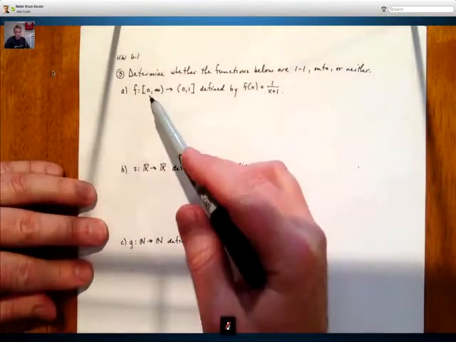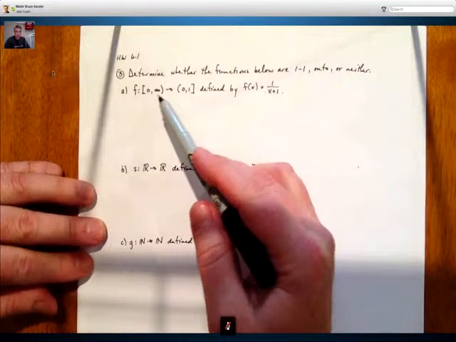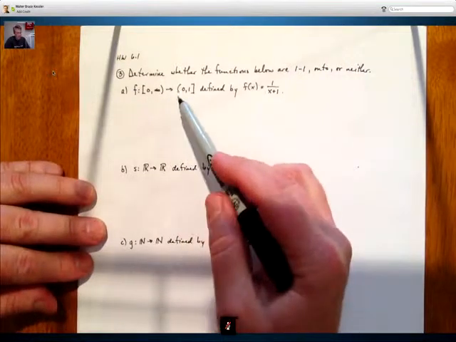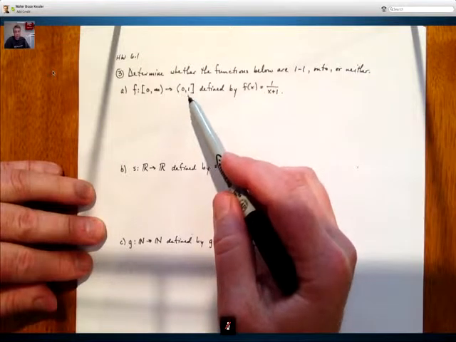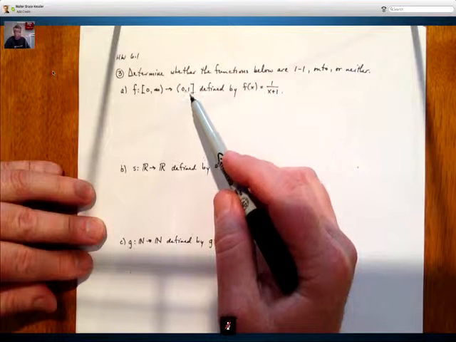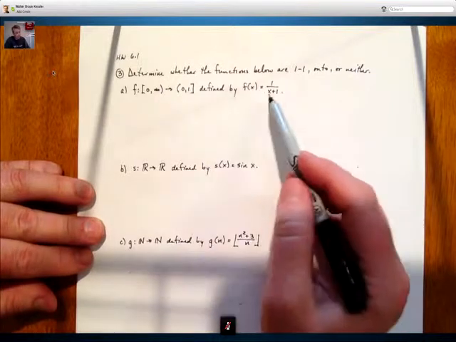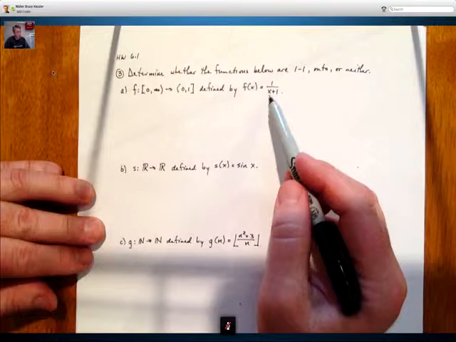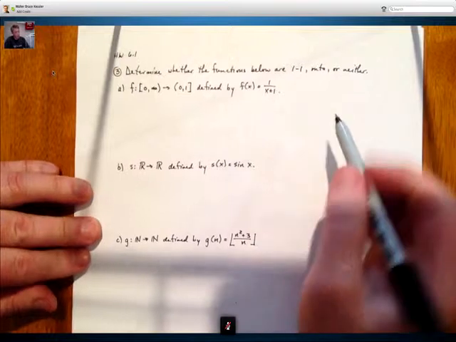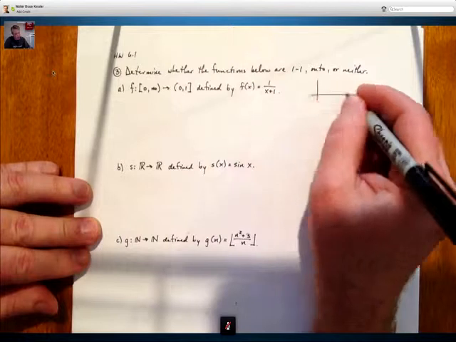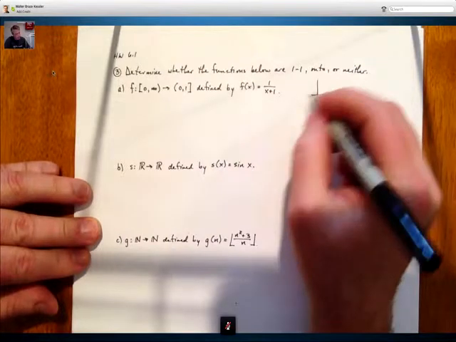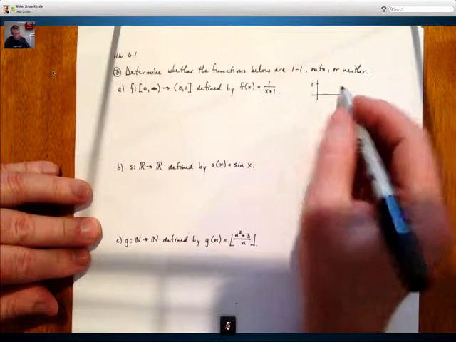The first one, the A part, is a function from the closed interval 0 to infinity, into the interval open 0 to 1, closed, which means bigger than 0 but less than or equal to 1, defined by 1 over x plus 1. Well, if you look at the graph, and I'm just going to quickly draw it here, when x is 0, this is 1.